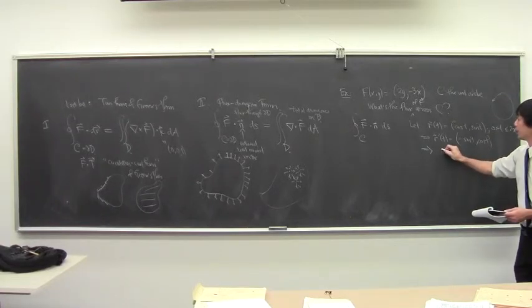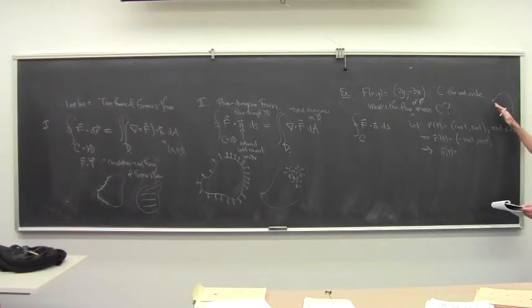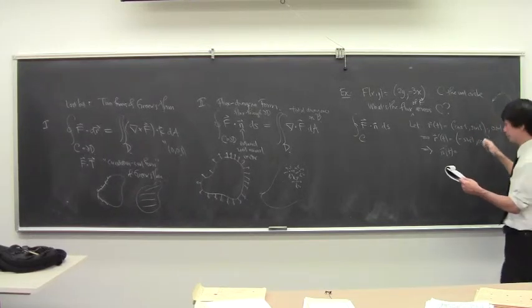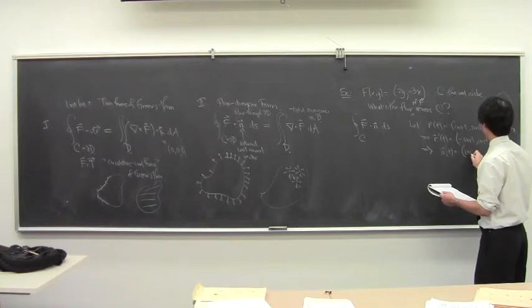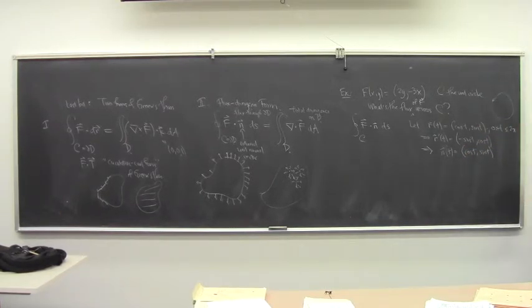And what's going to be our unit normal? The unit normal is going to be perpendicular to that and going outwards. It's going to be cosine t, sine t again, pointing outwards like that.